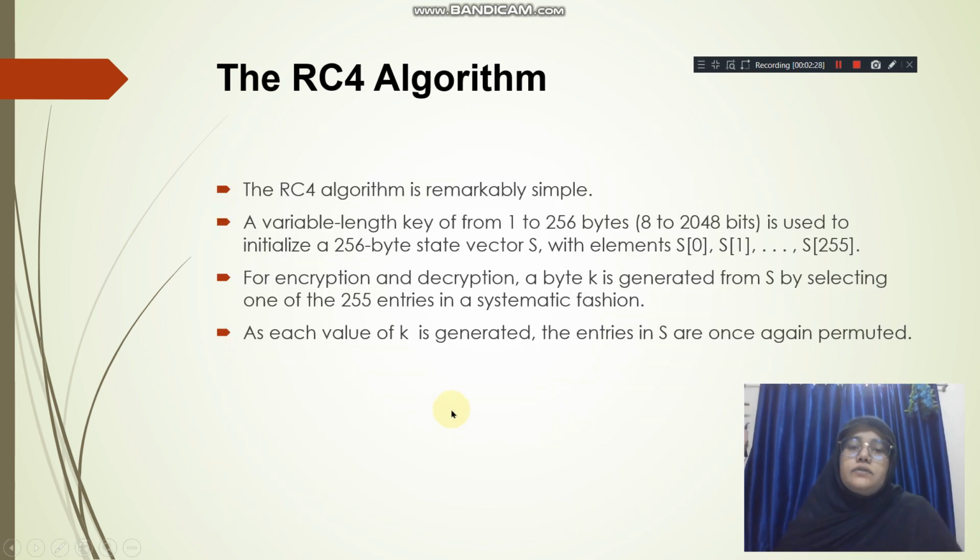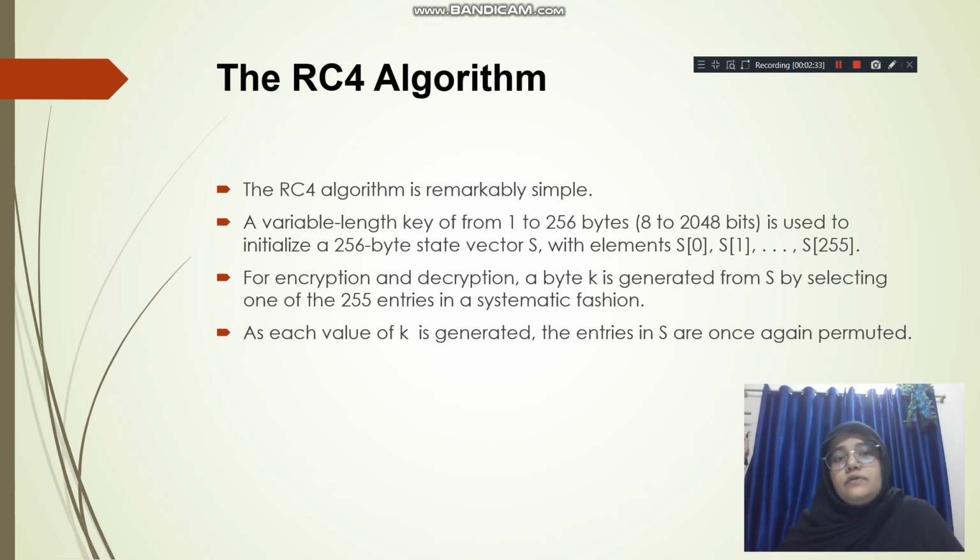Some characteristics of the RC4 algorithm: RC4 algorithm is remarkably simple.